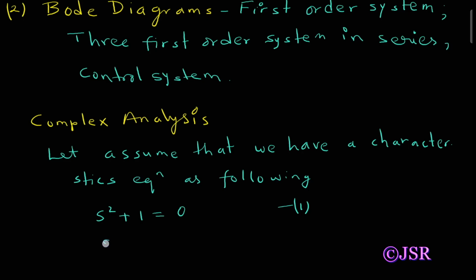we will have plus minus under root of minus 1. So minus 1 is a negative number, and the square root is a function which is only defined for the positive number, right?